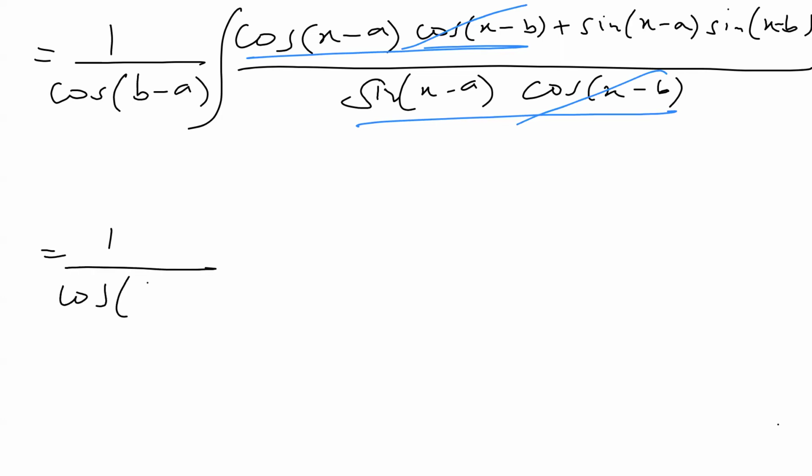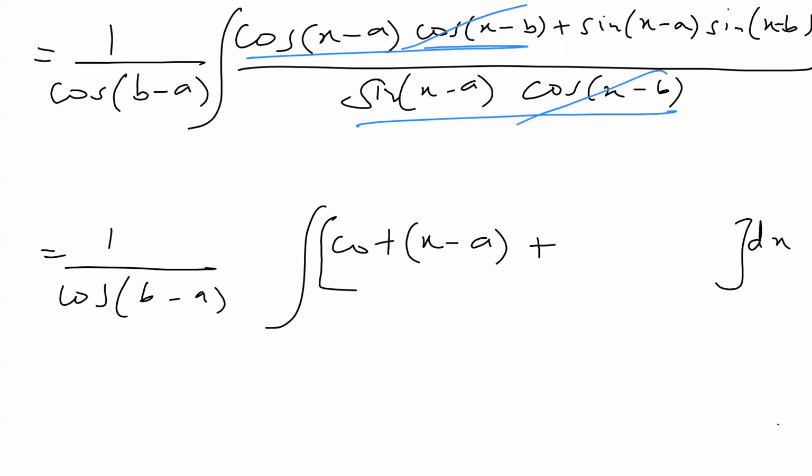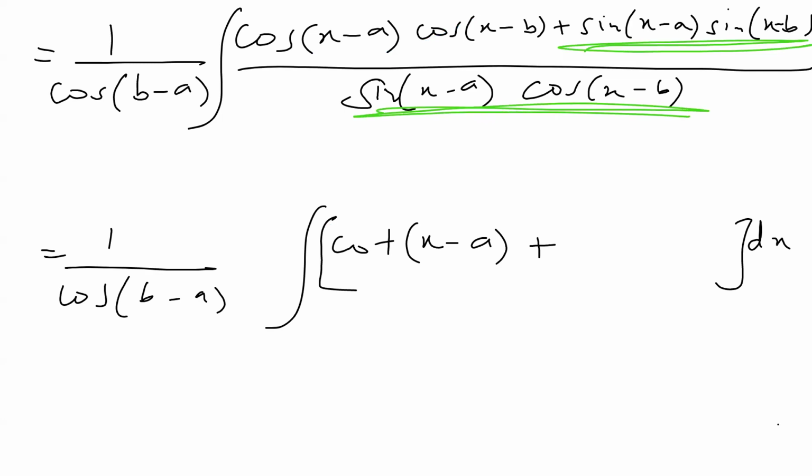So 1 upon cos b minus a integration. So this will be cot x minus a plus, we are splitting, so for the next term we'll do this upon this. So sin will get cancelled. Sin upon cos is tan. So tan x minus b.